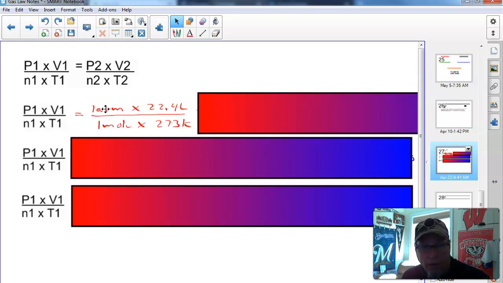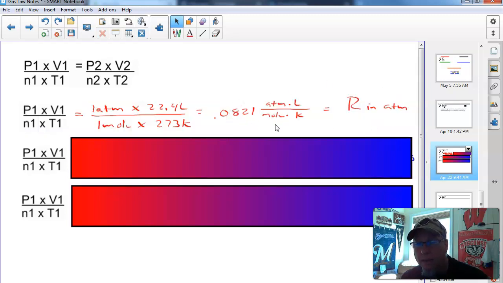This is standard temperature and pressure. At 1 ATM, 0 degrees Celsius, 1 mole is 22.4 liters. So if I take that and multiply all these together, 1 times 22.4 divided by 1 times 273, I get this number right here. And this is going to be important because Tyler DeWitt's going to put it in his video.